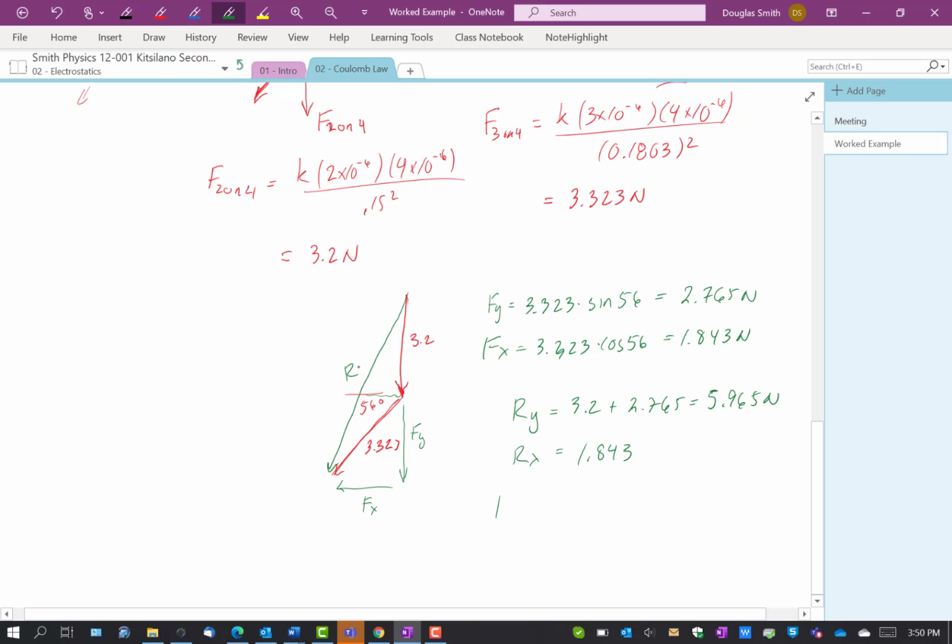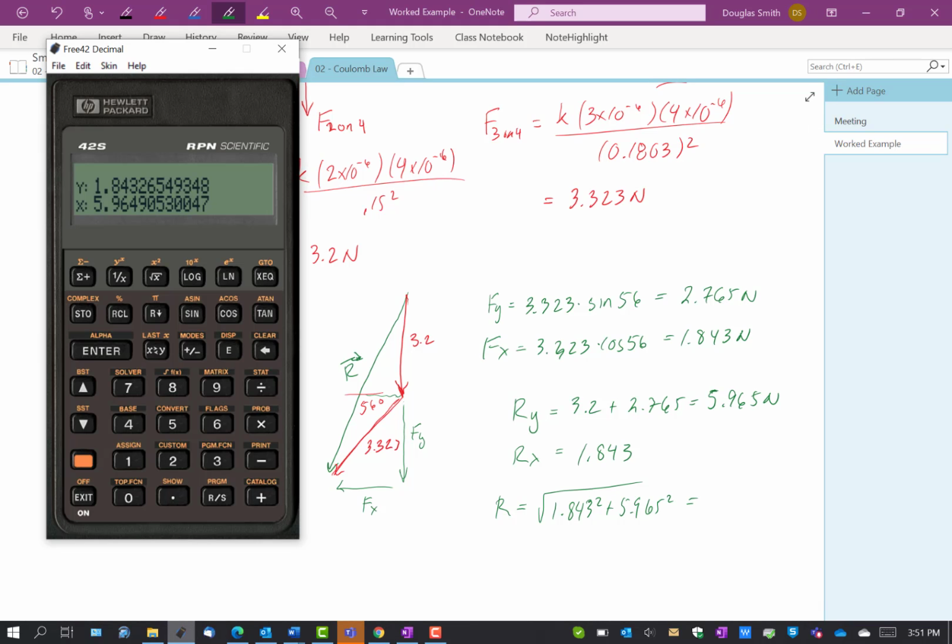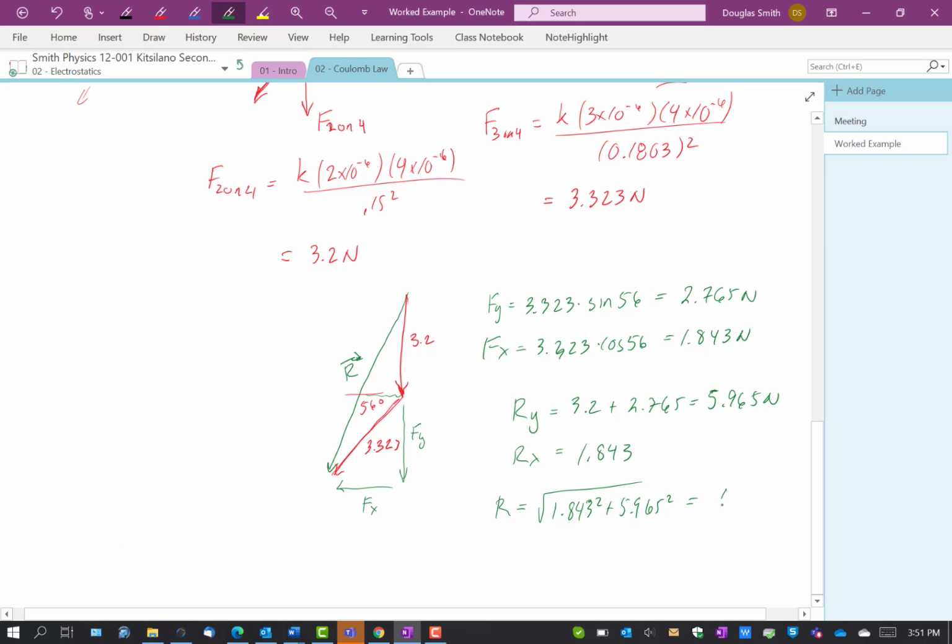So this total resultant is the square root of 1.843 squared plus 5.965 squared. Square that. Oops. Oh, what am I doing? 5.965 squared. 1.843 squared. Add. Square root, 6.24.